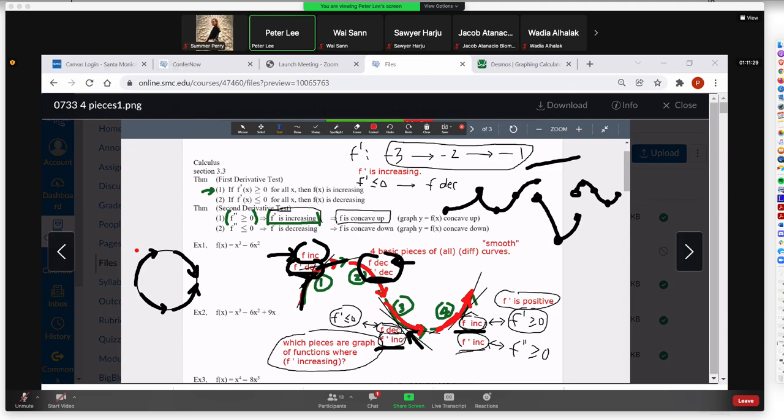So we start with polynomials. Polynomials are by far the easiest. Let's look at example 1. This is the curve: f of x is equal to x cubed minus 6x squared.